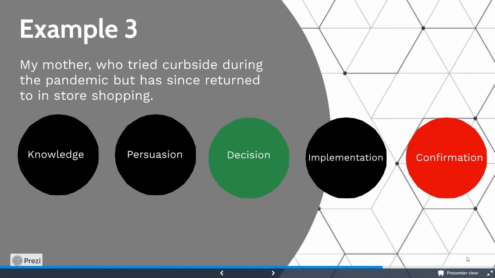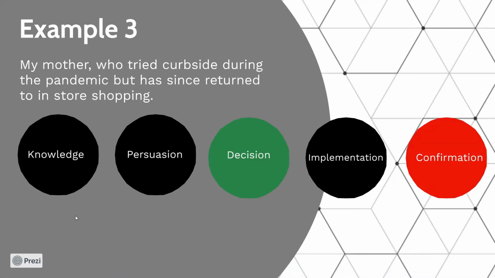Example 3, we'll use my mother. And we can see here, this is an example of how time and the window of time in which we choose to evaluate how a person moves through the model changes. So recall that in the previous example, implementation was influenced by the initiation of the pandemic.